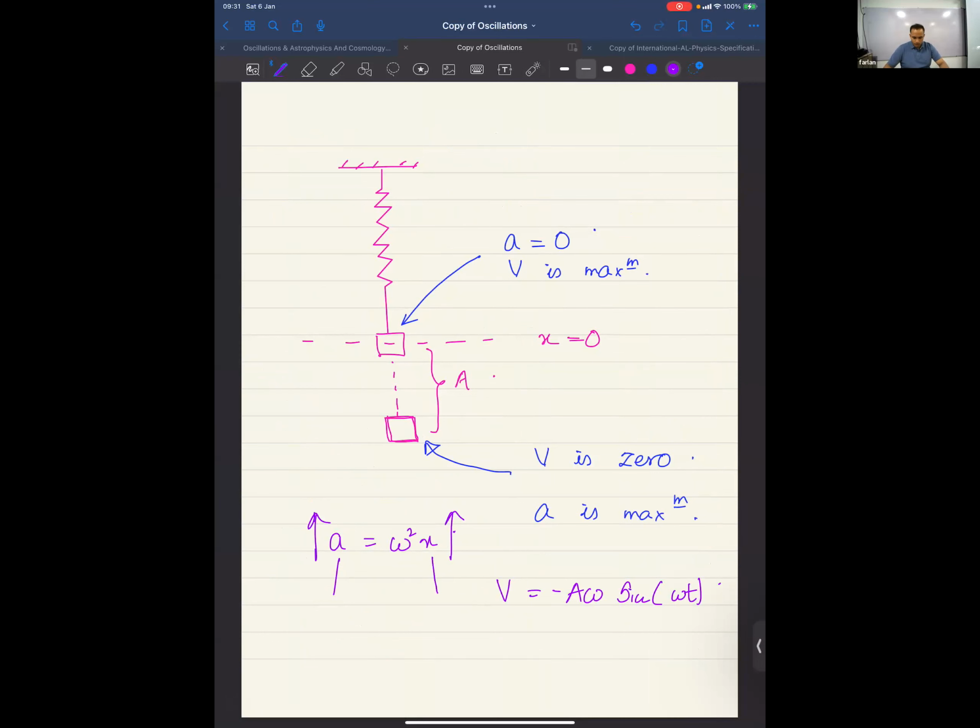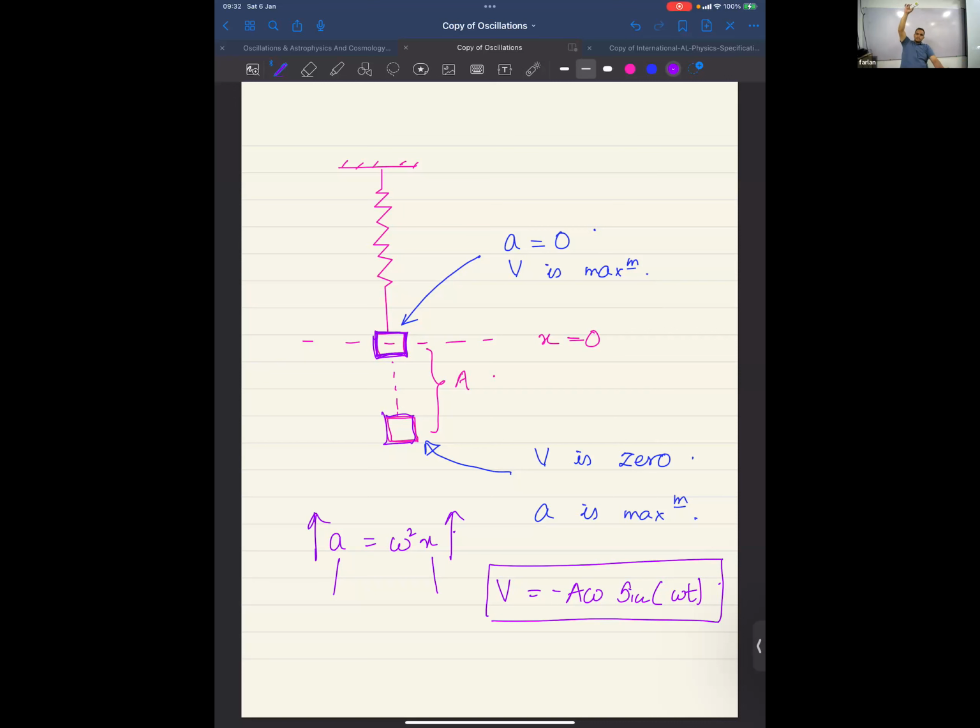Okay. It is maximum when it is at the equilibrium point here. And when it goes to the amplitude, it changes direction. When you throw an object, at the maximum height, what is the velocity? 0.